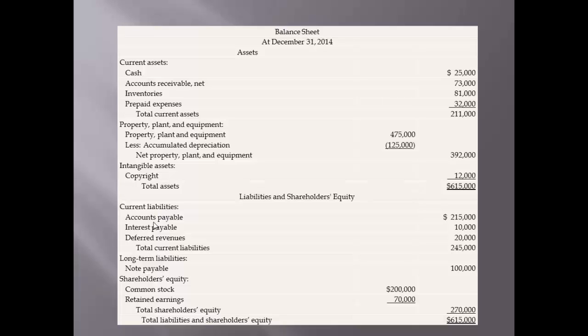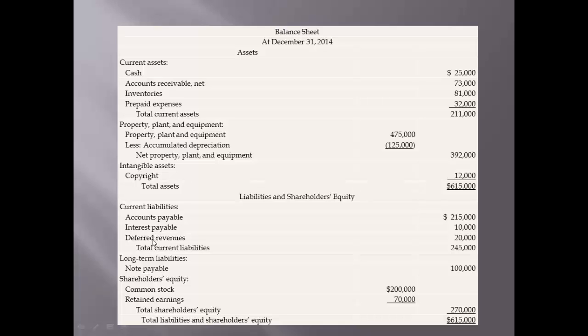Examples of current liabilities: we have accounts payable, which generally represents amounts owed to suppliers. We also have interest payable, that is interest expense incurred but not paid.